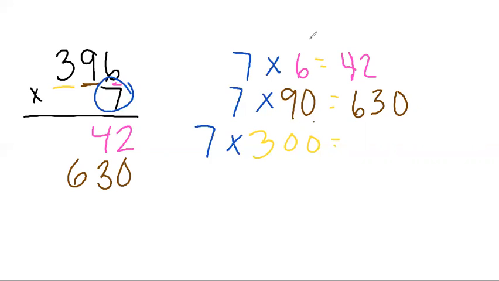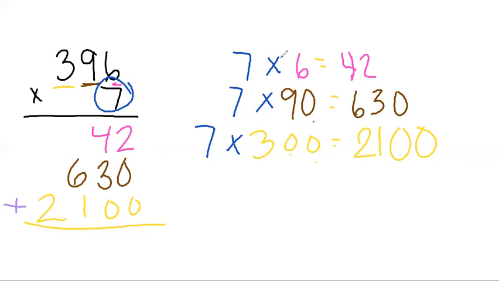And finally, 7 times 3 is 21. Add my 2 zeros. I'm going to add 2,100 to my sum. There we go. Final step, add. 2, 7, 7, 2. So 396 times 7 is 2,772.